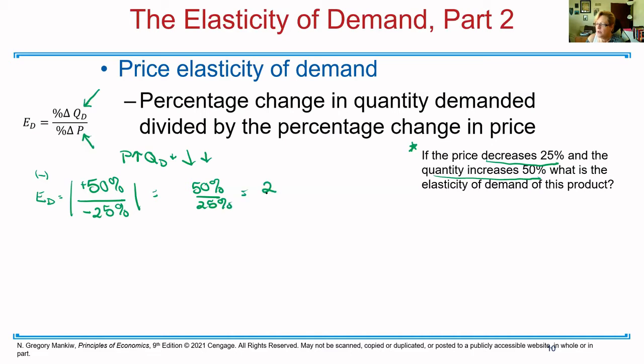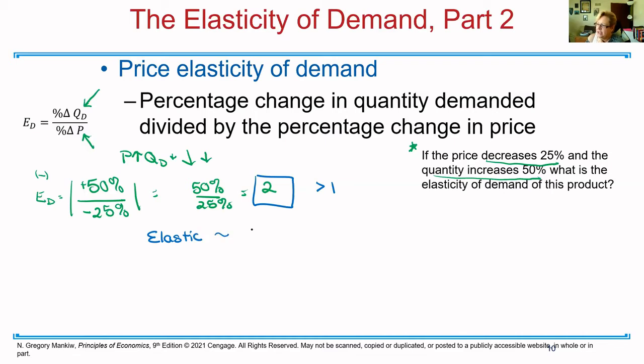Now, based upon that, we want to take this 2 and match it up to our interpretations. So because 2 is greater than 1, we know this is elastic. Whatever this product or this service is, it's elastic.